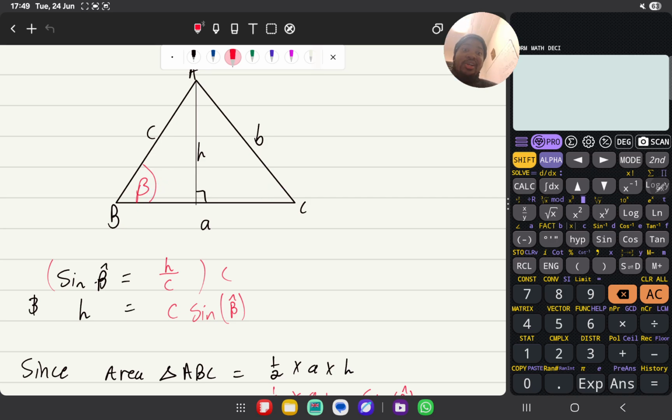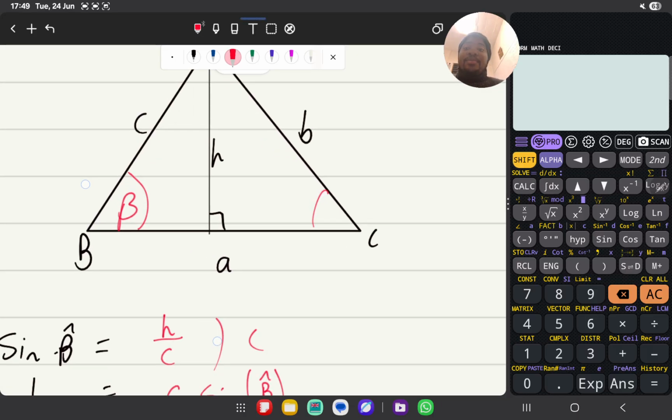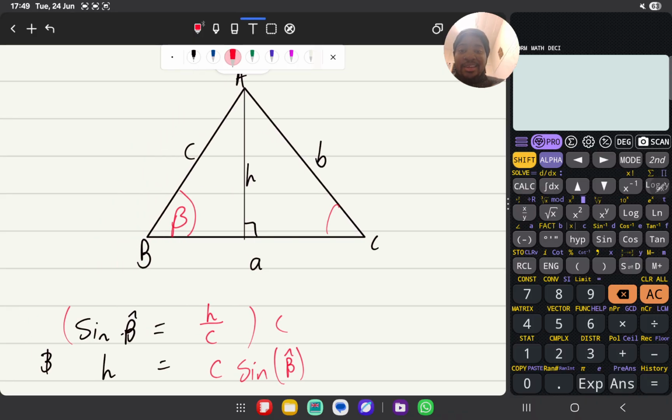This is how you can easily remember the formula. If we're talking about angle C, it's half multiplied by A multiplied by B multiplied by sine of this angle, right? And if the angle is A, right?